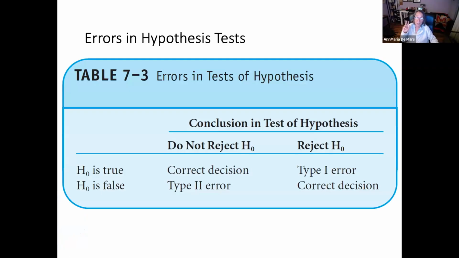Now, there are two types of errors that come up when you are doing hypothesis testing. The first one is the type 1 error, and we talk about that a lot in statistics. The type 1 error is when you reject the null hypothesis, when in fact the null hypothesis is true.